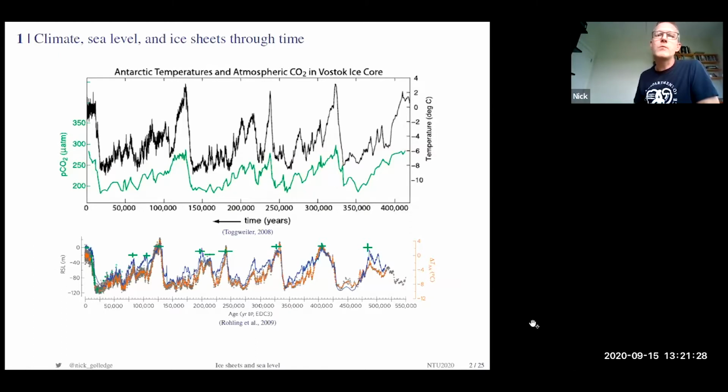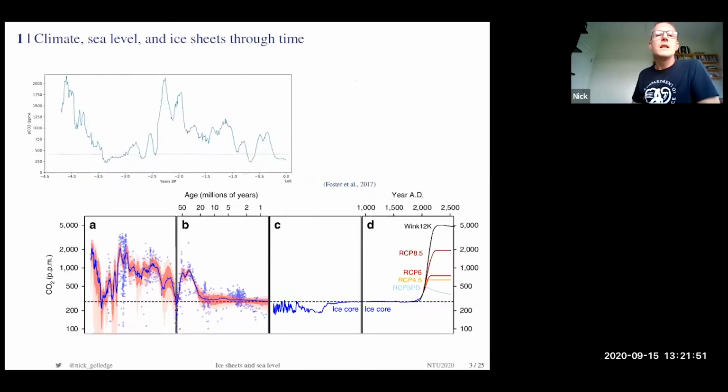And you can see that pretty much, apart from a few leads and lags, these are pretty well matched. So we can basically say that these are very tightly coupled systems, and that changes in one component, in temperature or CO2, relates to the others, and the ice sheet volume and sea level change in coincidence with those forcings. Next slide.